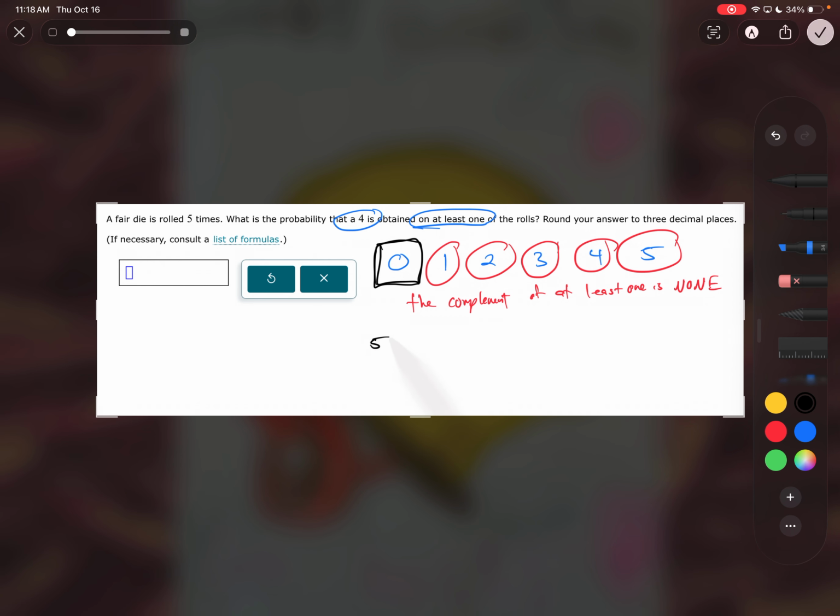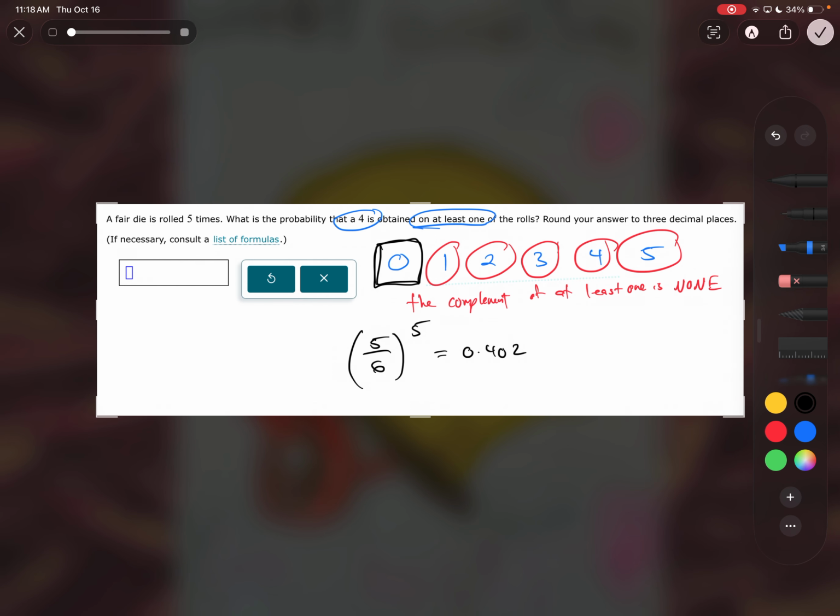Well, I would get any other number on the die besides a 4. The opposite of getting a 4 is not getting a 4, right? So I could get any other number on the die, and I would do that 5 times. So I'd get 0 4s out of 5 different rolls. So 5 divided by 6 to the 5th power is 0.402.